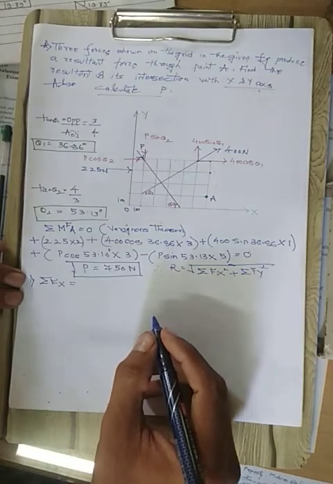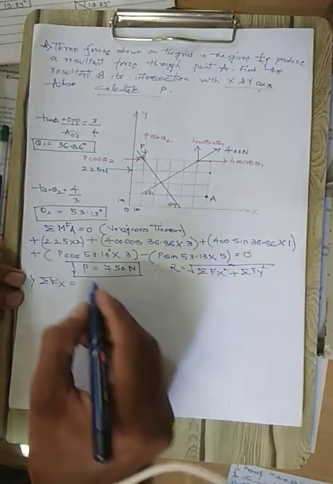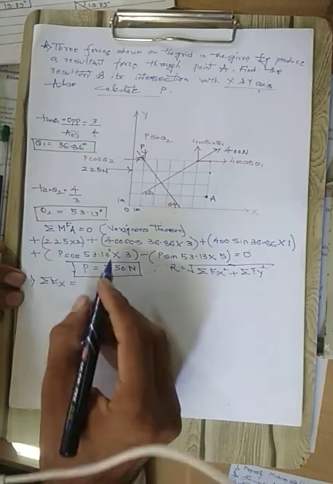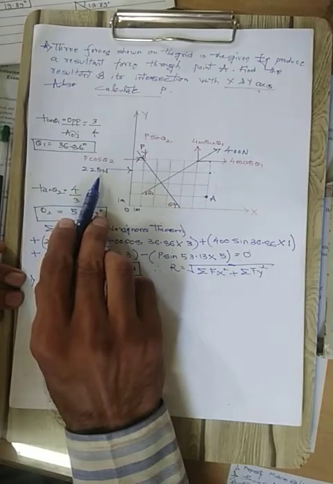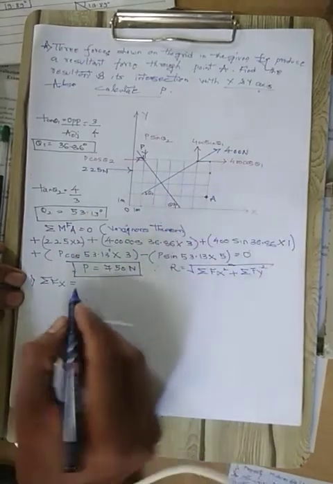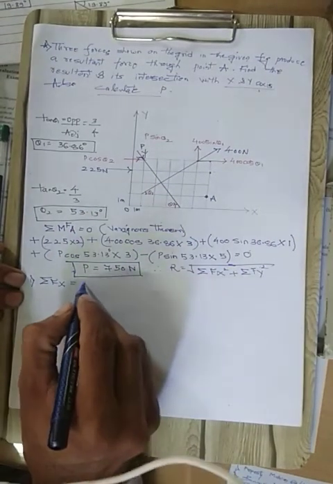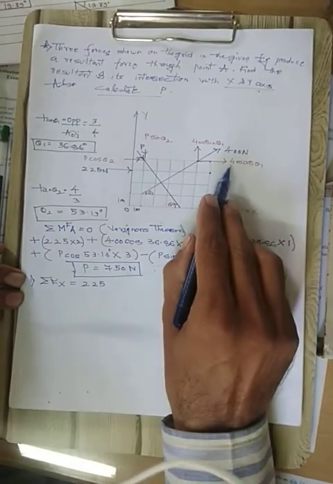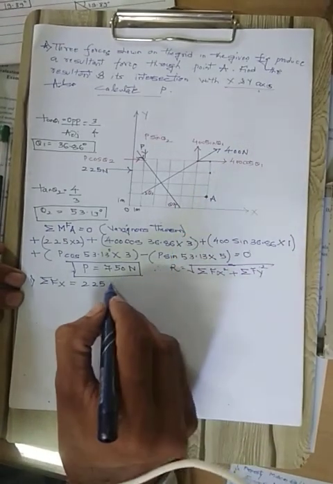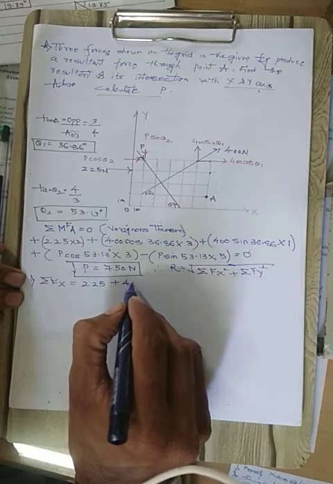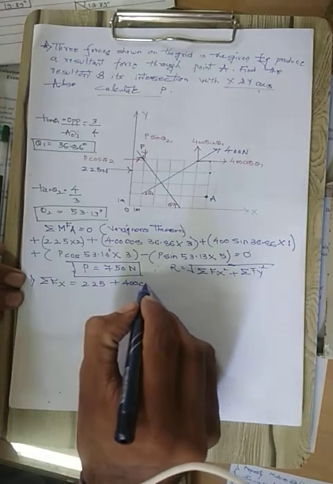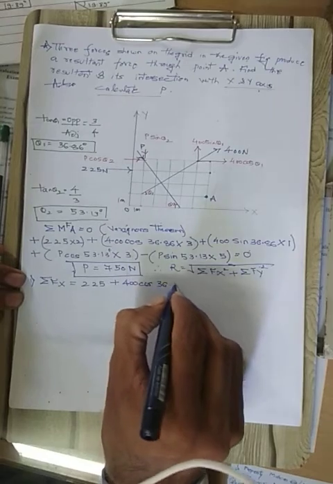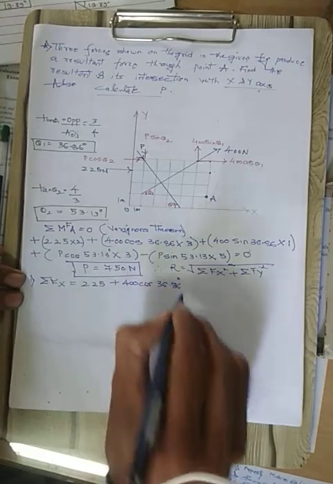First we will find out all the horizontal forces. Summation of Fx is equal to one by one all x components. First x component is the simple force 2 to 5, moving right side, that is plus, so 2 to 5. What about the next force, 400? Again it is plus, 400 cos of theta 1. Theta 1 value is 36.86 degrees.